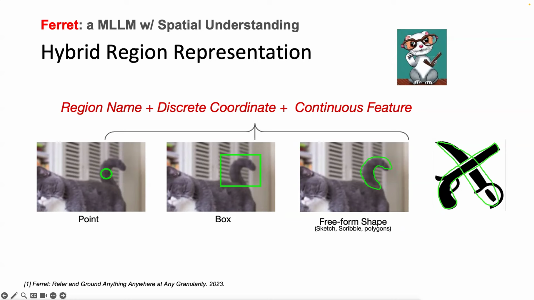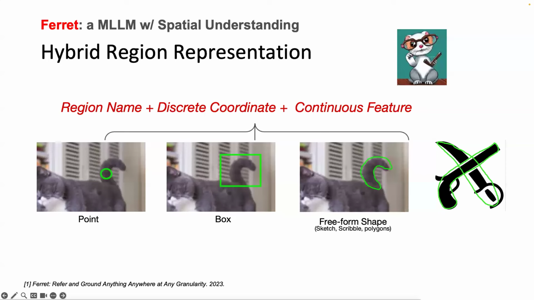We know that for a point or a box, we can represent it as discrete coordinates. But what if the user actually draws something, for example, the tail of the cat? You need some other way to represent the coordinates or better represent these features.